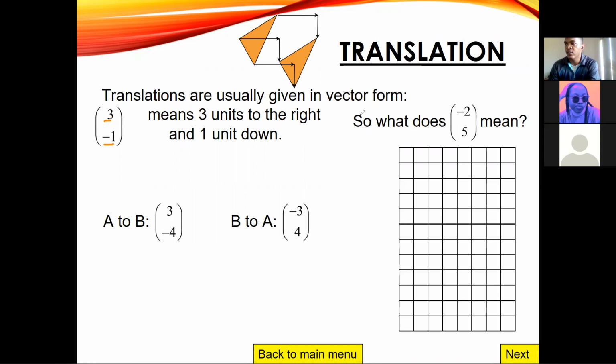If it's negative, it means go to the left, okay? So this one over here means 2 units to the left and 5 units up, okay? Instead of saying units, we say blocks. We can replace units with blocks. And normally these blocks are on our graph paper that we will be using.